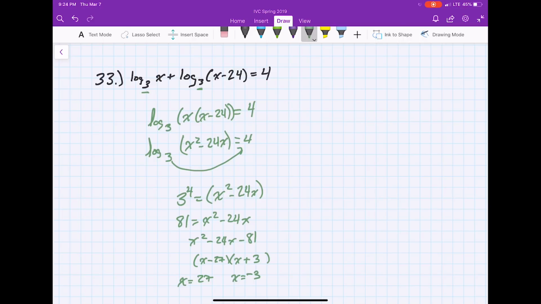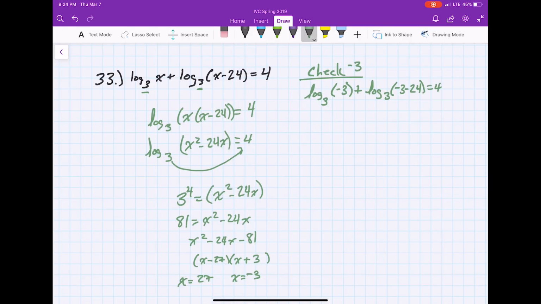However, we need to check these. So let's check the negative 3 first. So we're going to put negative 3 into our logarithm. So we have log base 3 of negative 3, plus log base 3 of negative 3 minus 24, and all of that equals 4.